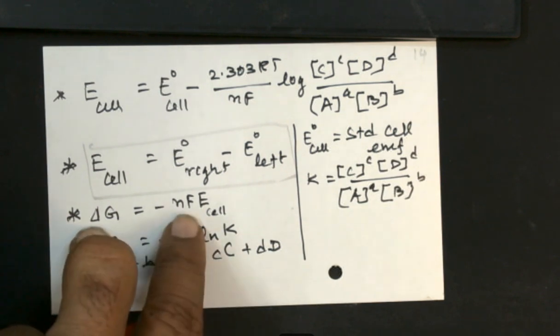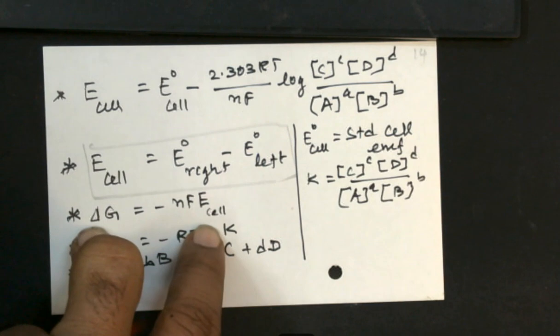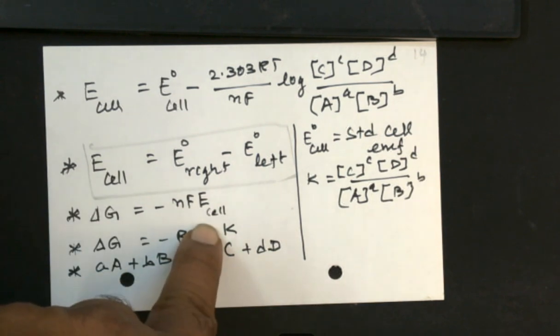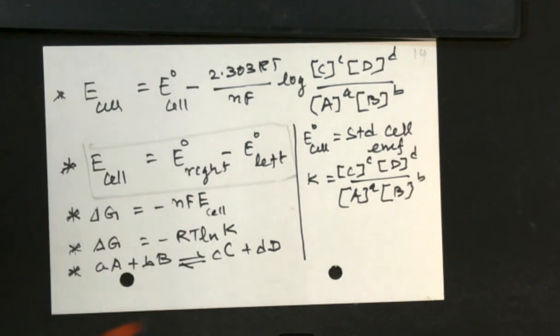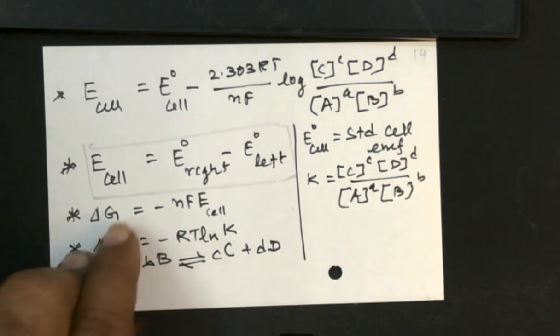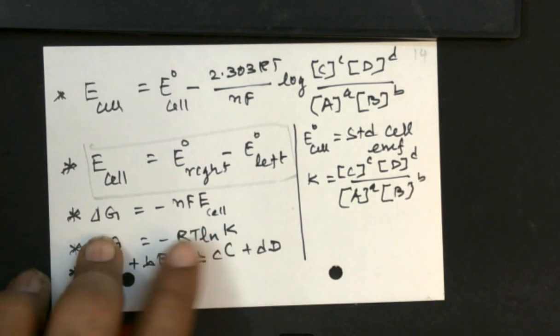And what about nFE? nFE represents the electrical energy because it involves the number of electrons, Faraday, and cell EMF or electrode potential. So the right-hand side describes the electrical energy, and this is chemical energy. Both of them must be equal, so this minus is taken here, and delta G is equal to minus nFE.